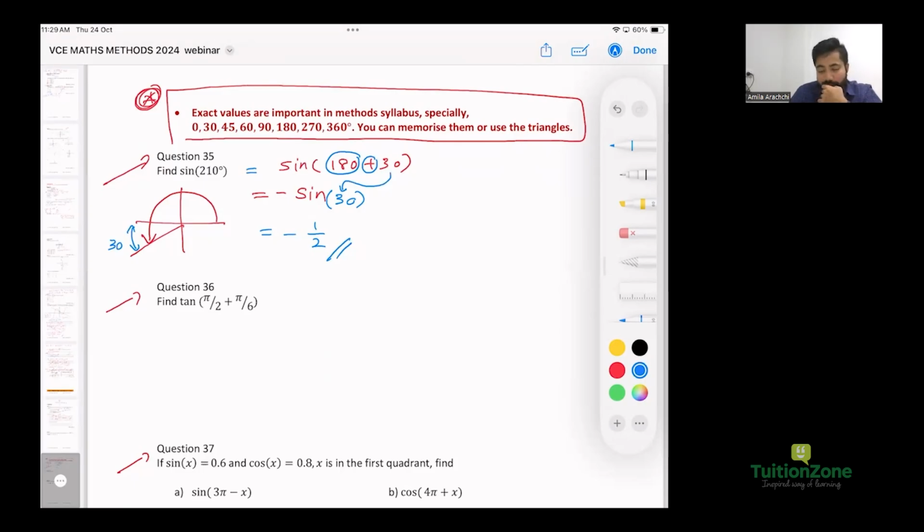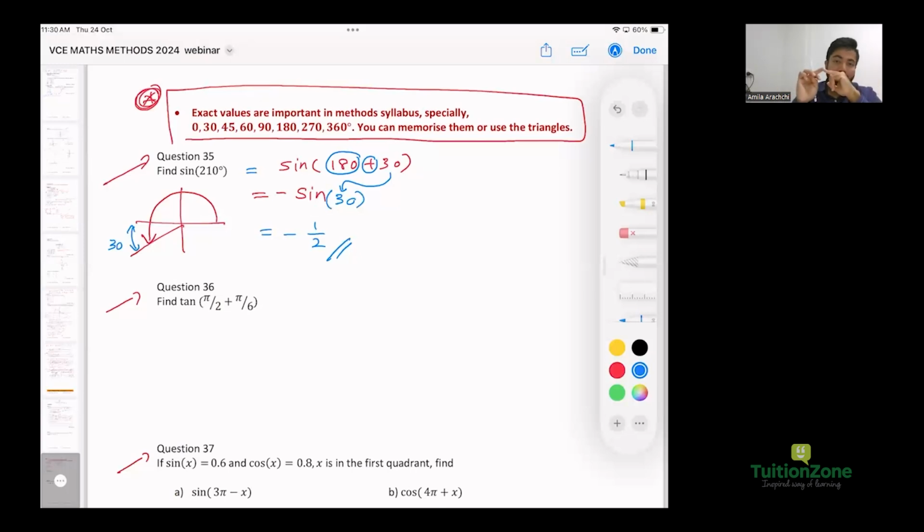The only thing you didn't notice here is pi over 2, the special one. What does pi over 2 mean? 90. We explained that with 180 and 360, don't change the sine, cos, tan.